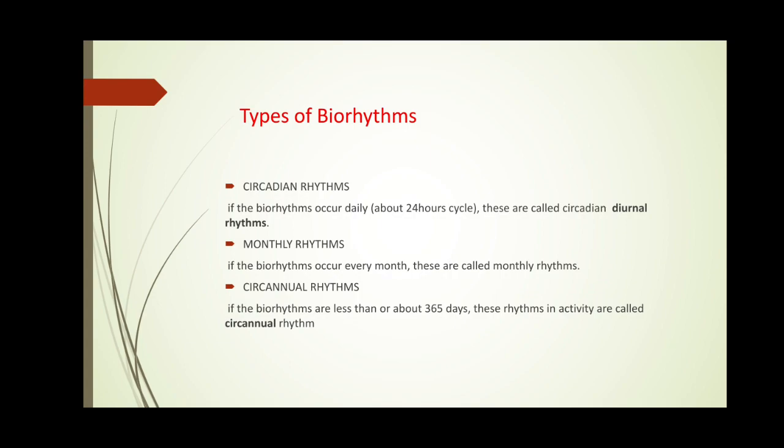Then come the circannual rhythms, which occur about 365 days after the first cycle, and these annual cycles include the migration of different animals, especially birds, the reproductive activity, that is when an organism gives birth to its offspring, or the hibernation of an animal which can last for 1 year.